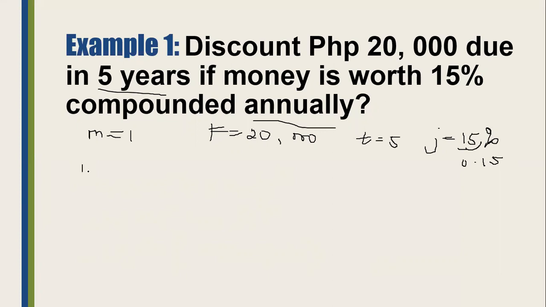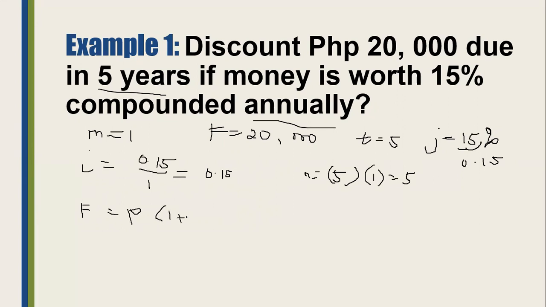Next, our I, J, which is 0.15, annually, divided by 1 is equal to 0.15. Next, our N, T, 5 multiplied by M, which is 1, so we have 5. Formula: F is equal to P multiplied by quantity 1 plus I, quantity raised to N. Our final value is 20,000.